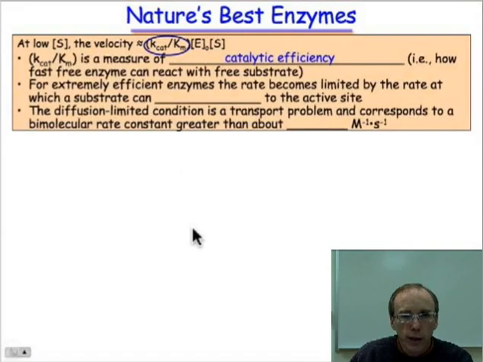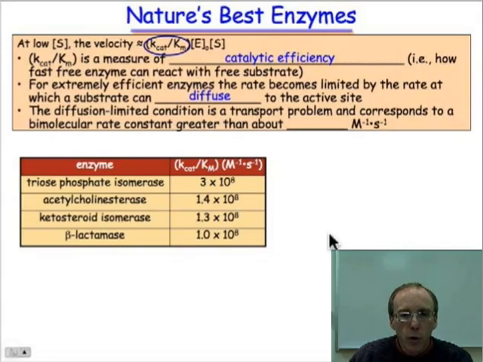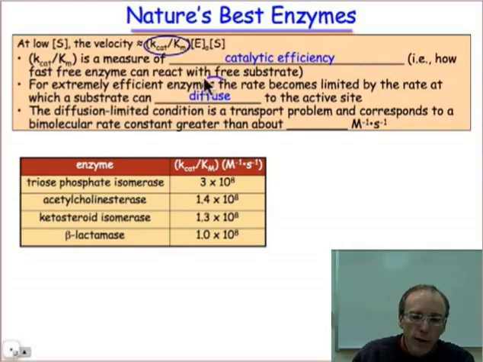We call kcat over Km the catalytic efficiency, and basically it's going to have an upper limit. Ultimately, there's a limit to how efficient an enzyme can be, and that limit is going to be how fast the substrate can diffuse into the enzyme active site. So there's an upper bound to how large this kcat over Km, the efficiency, can be.